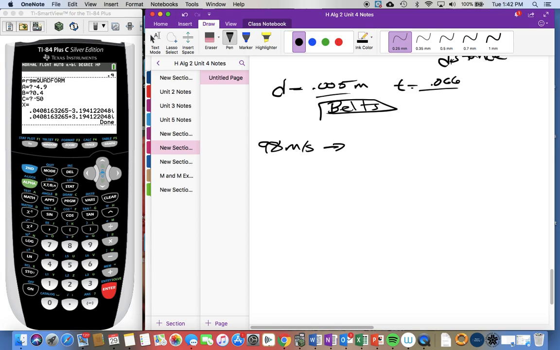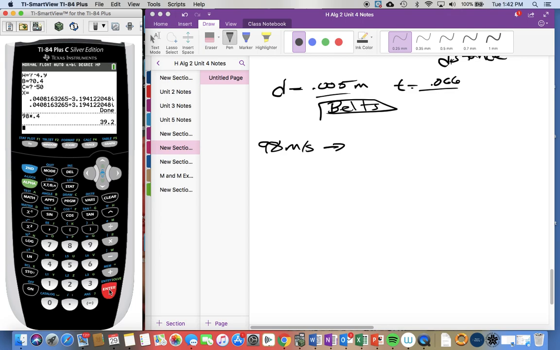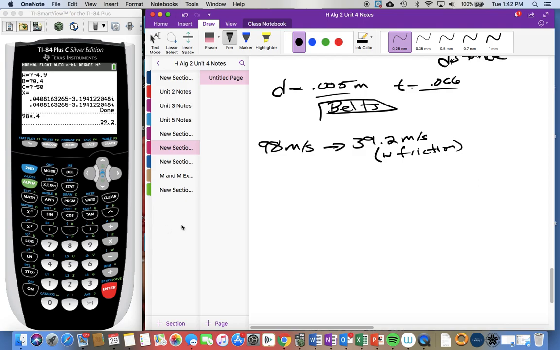So that 98 meters per second, if we take 98 multiplied by 0.4, I'm going to come up with an answer of about 39.2. So 39.2, let's say that was our final speed of our roller coaster. This is with friction already taken into account, so this will be what we use for V sub I. Let's go back through those calculations and see what we come up with.